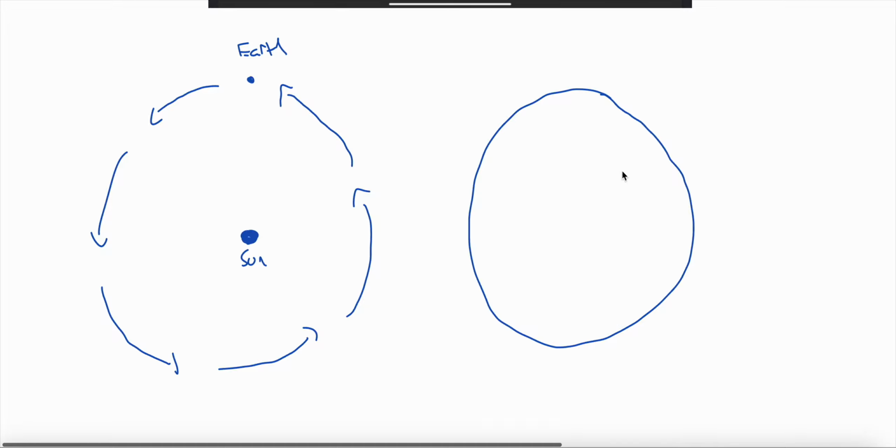So what if we approximate that and say that in a circle there are approximately 360 degrees? We divide this up into 360 degrees, and that would mean that right here we're at 0 degrees, right here we're at 90 degrees, this would be 180 degrees, this would be 270 degrees, and this would be 360 degrees.